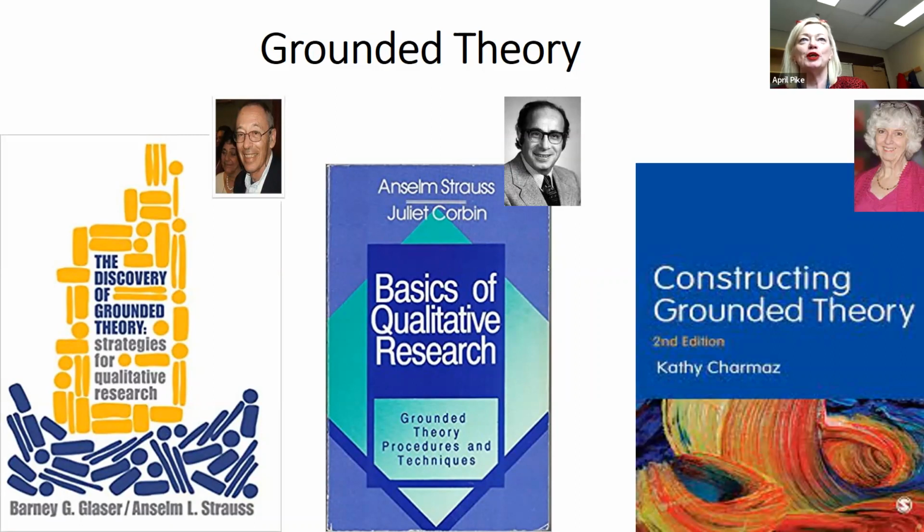The main difference between Glaser and Strauss was related to where you go into the literature for grounded theory, and we'll talk a bit more about that as we proceed. Glaser would say that if you're doing grounded theory, you don't need an in-depth analysis of the literature.